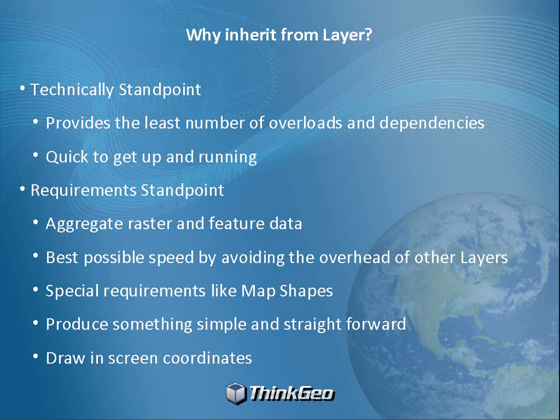You might have special requirements like map shapes. We're going to be getting into a little bit more about what map shapes are a little bit later, but just as a prelude to that, map shapes are this concept that you have features where they are almost layers unto themselves.